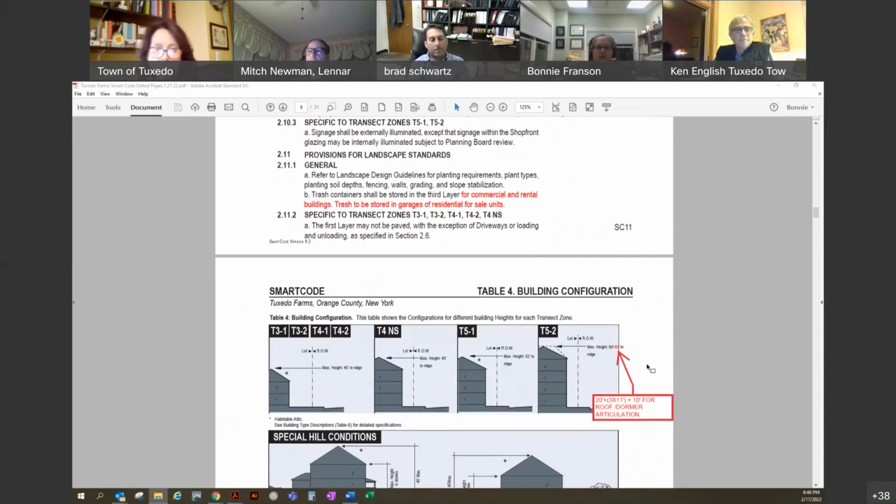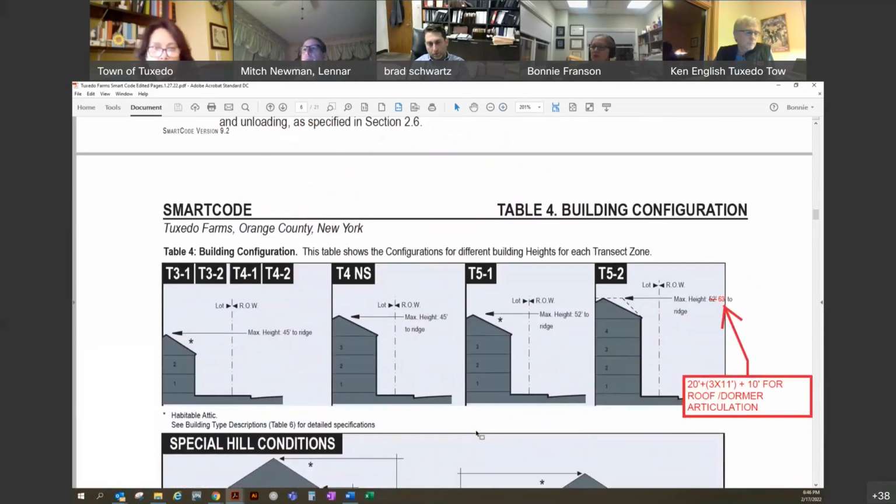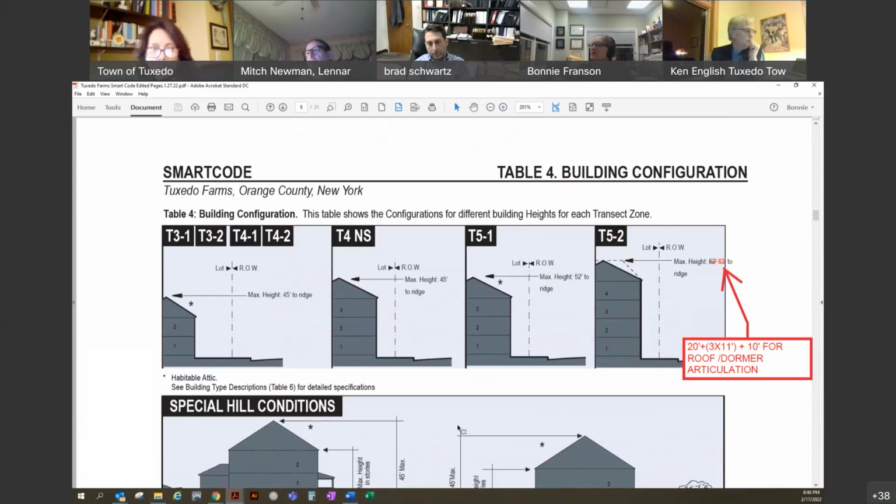Let's touch upon a couple of items. I think I'm hearing consensus that the group really wants to see more product to tailor the design guidelines and align them better to this housing product and project. There are a couple of items we touched upon last week. The building height: it says 10 feet for roof, dormer, articulation.